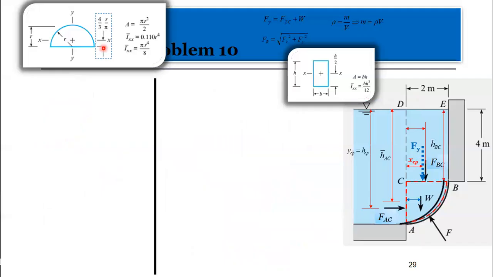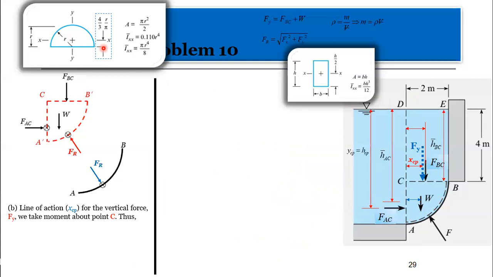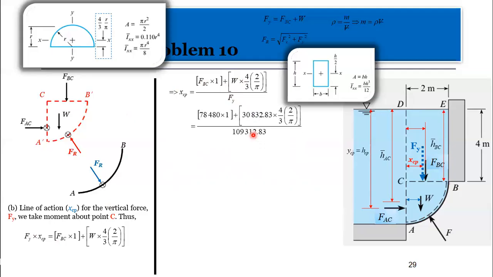So that will now be estimated, and at the end of the day, we'll end up having the line of action for that XCP to be this. This formula is known. So XCP, we make it the subject, and we know FBC, we know W, we know Fy. At the end of the day, we put in the substitution and we obtain this value. Therefore, XCP is actually this.